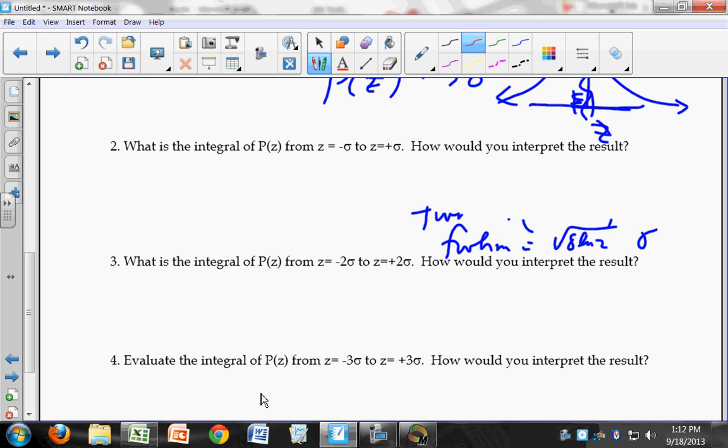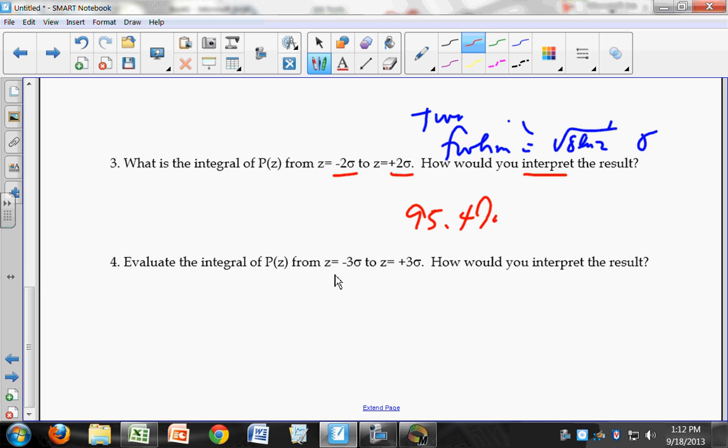So from -2 sigma to +2 sigma, what's the answer? 95.4%, right? And the interpretation is your random errors will be less than 2 sigma 95% of the time. Within 3 sigma, within 3 standard deviations, this is 99.7%.